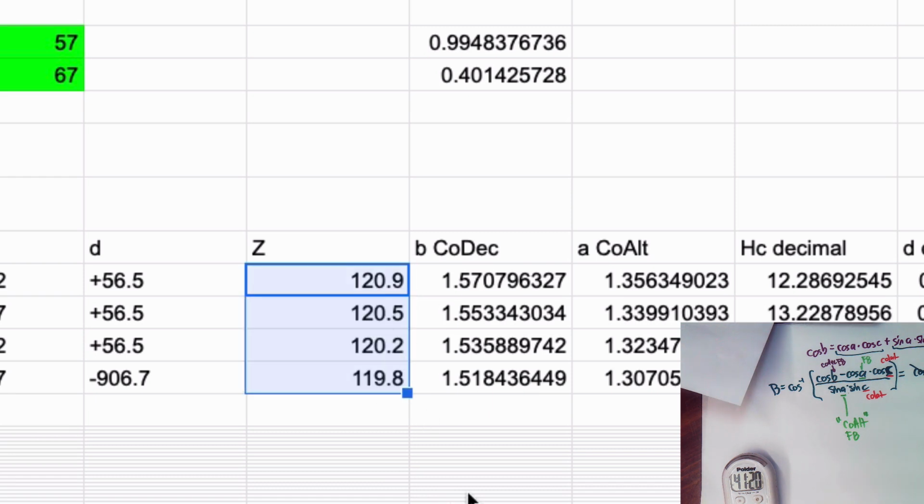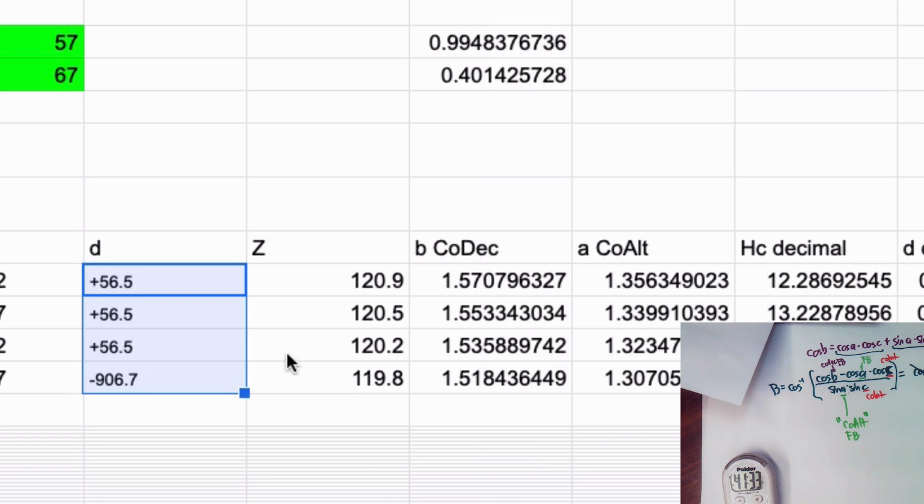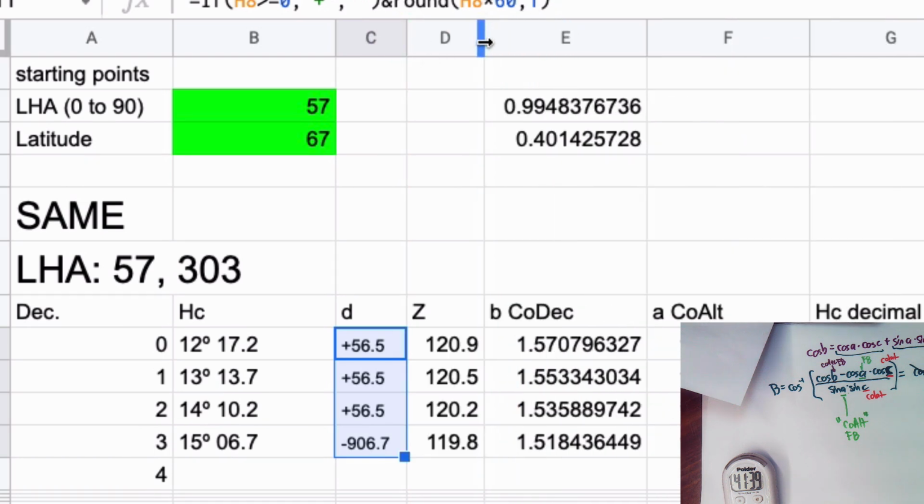Okay, so we have to add, did we already add the plus sign to D? Yes, we did. What I want to do is make this font size a little smaller, because the little d is slightly smaller. We're just going to do a little cosmetic things here, change our column sizes a little bit to make this thing a little bit more compact.